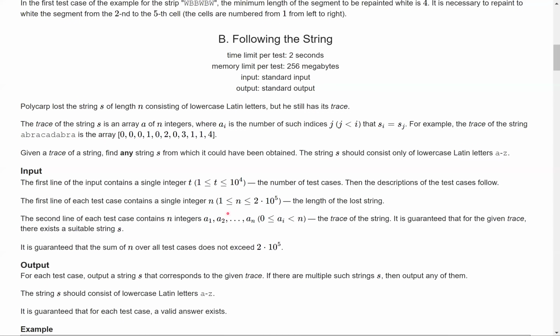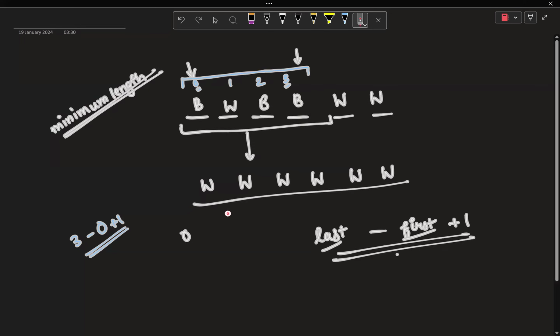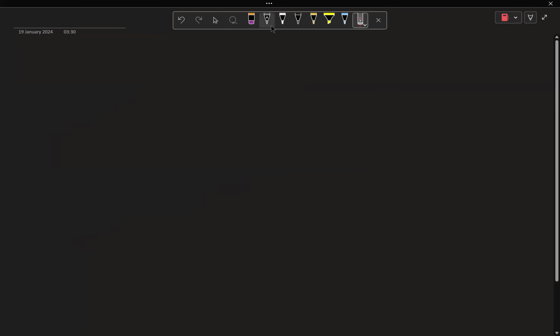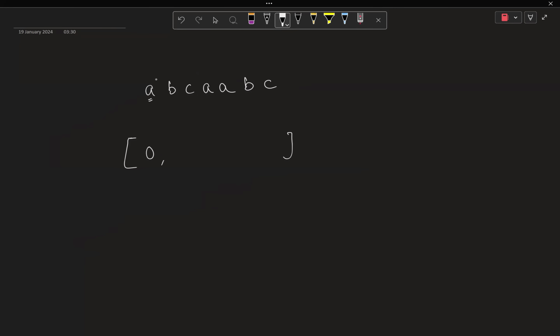It is already quite straightforward that you will have a string. Maybe let me take an example: a b c a a b c. For this kind of string, let me show you how to find the trace so that you will have better clarity. For this a, there is no element on the left side equal to a, so the trace would be 0 for this element. For the second element b, again there is no element equal to it on the left, so again there will be a 0.